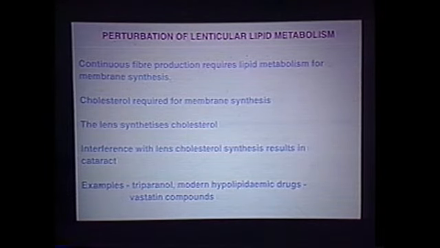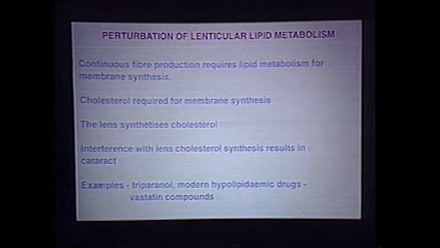Substances which alter lipid metabolism in the lens will also have the potential for producing cataractous change. There is continual fibre production in the lens, and this continual fibre production requires an active lipid metabolism to produce plasma membranes.